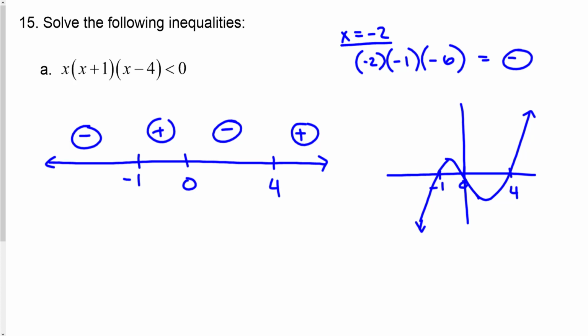So now I just need to figure out where my function is less than 0, so where it's negative. So on this first interval, from negative infinity to negative 1, and I'm not including the endpoint because it's less than 0, and then again from 0 to 4. And that's my answer.